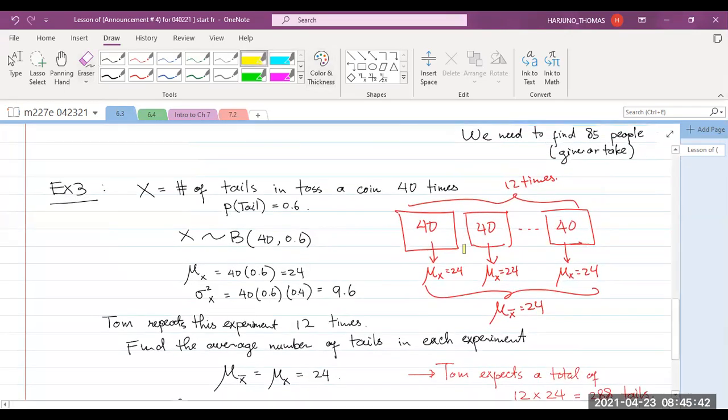Now, we expect the average for each trial to be 24, right? The number of tails to be 24.